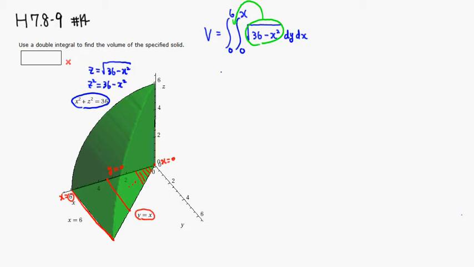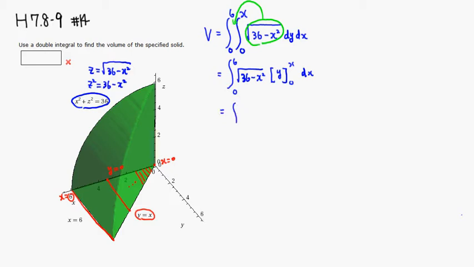The antiderivative of 1 with respect to y is y, and you're going from 0 to x, with respect to x. If you plug in x and subtract 0, you're going to get this.